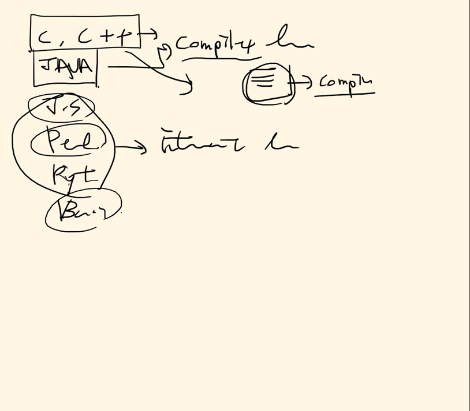Compile means that the code will be converted to binary code, and the binary code will be executed by the CPU.